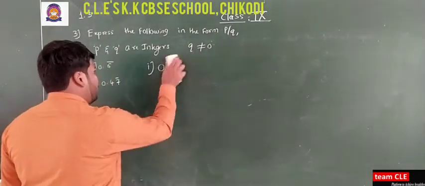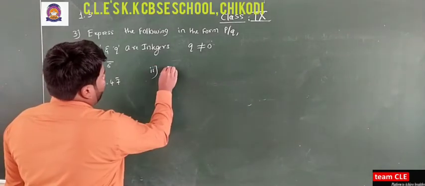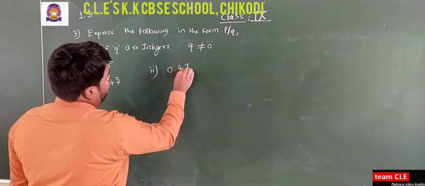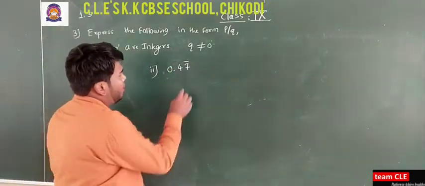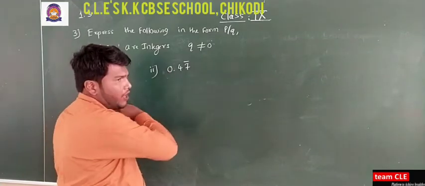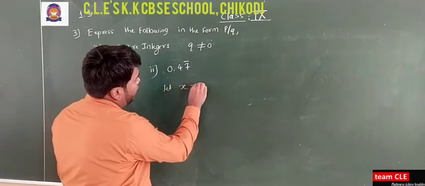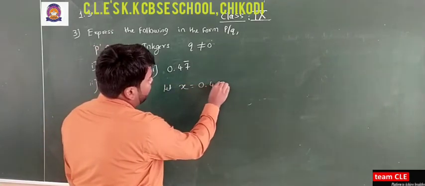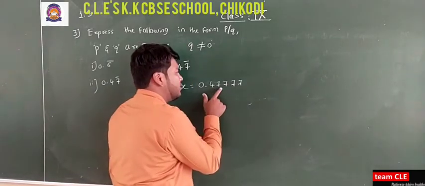Here, one more example, that is second main, that is 0.47 bar. 0.47 bar means it is after one digit only we are having the bar. Again, let x is equal to 0.47777.